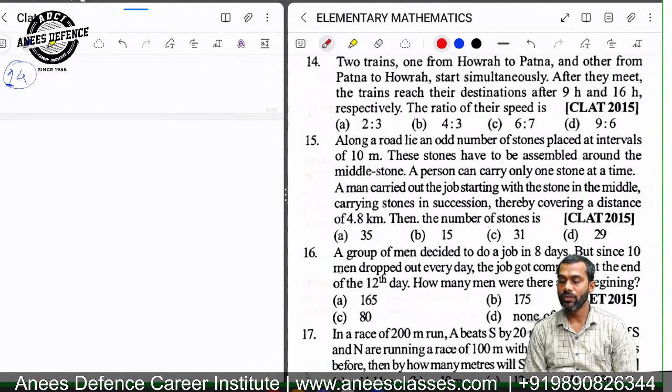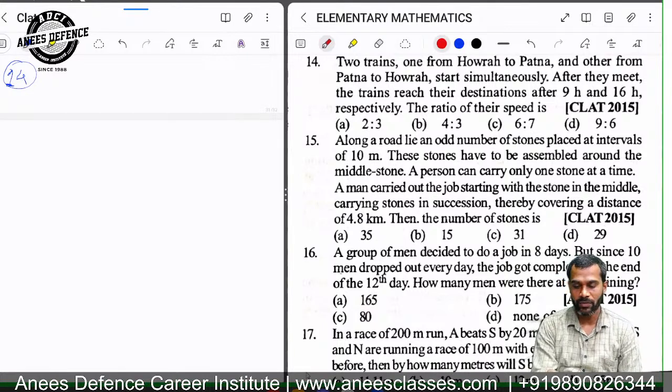The ratio of their speeds is... Direct shortcut. S1 upon S2 is equal to root T2 upon T1. T2 upon T1. So B. Yes. So remember the language.